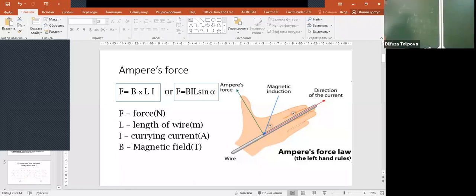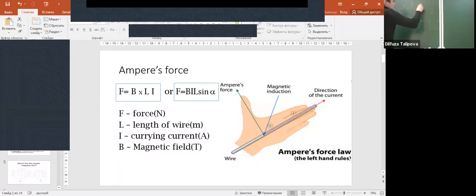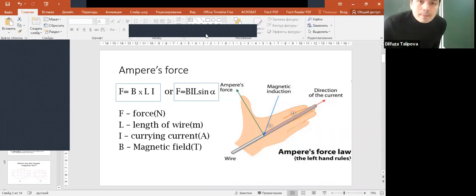By the way, here F is force, and the unit of force, as you know, is newtons, big N. Big B is the magnetic field, and the unit of the magnetic field is Tesla, big T. L is the length of the wire, and the unit of length, as you know, is meters.